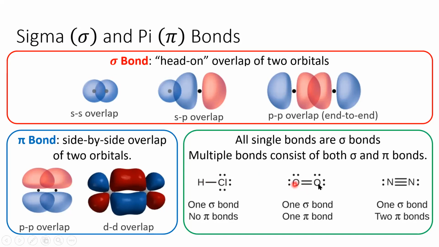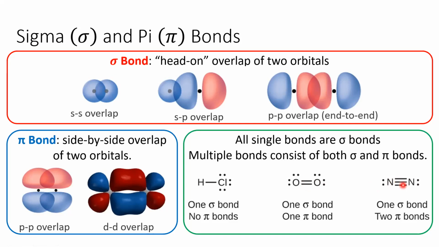If we look here, we have two oxygen atoms held together by a double bond. One of these bonds is a sigma bond, and the other bond is a pi bond. We're going to look at how they form in a second. If we look at two nitrogen atoms, they have a triple bond between them.